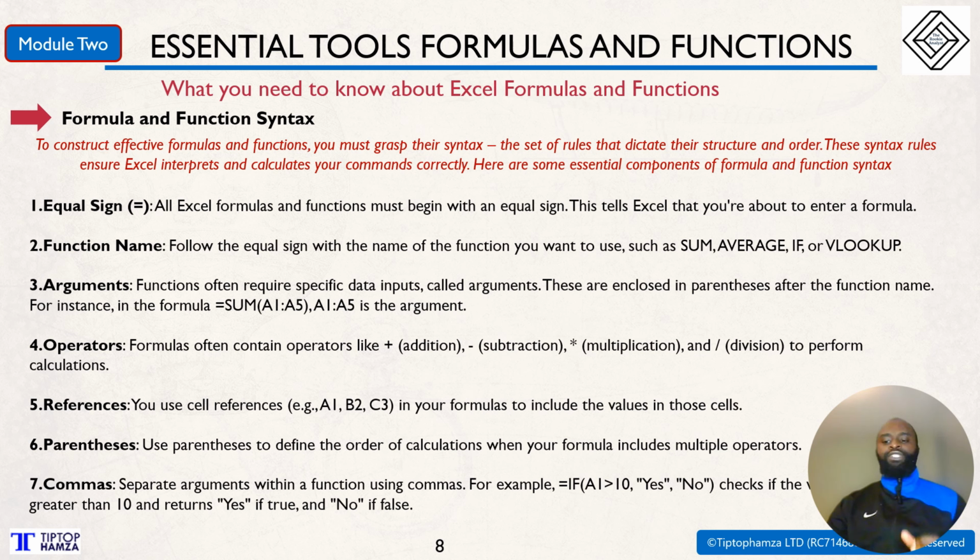Next is the cell references, e.g. A1, B2, or C2 to include values, and the use of parentheses and commas to control the order of calculation and separate function arguments. Mastery of these elements ensures proper command interpretation and calculation in Excel.